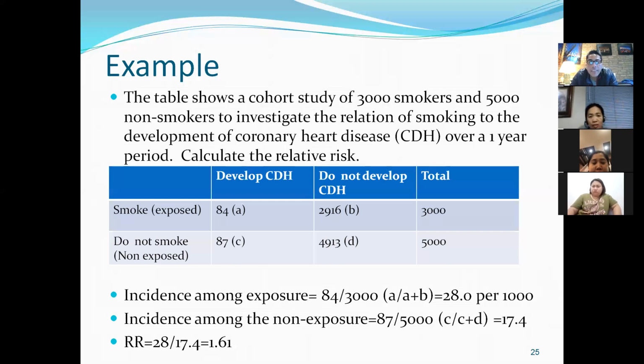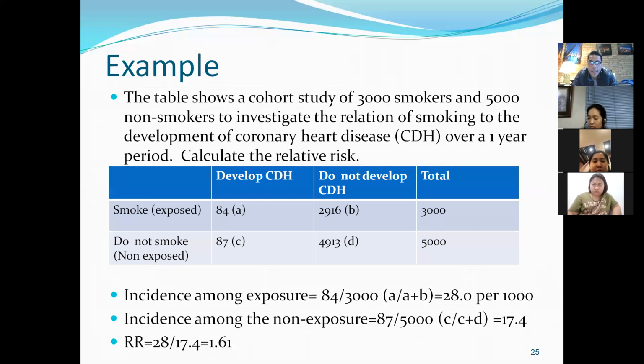C is 87 divided by C plus D. That is your A divided by A plus B. 84 plus 2,916 equals 3,000.